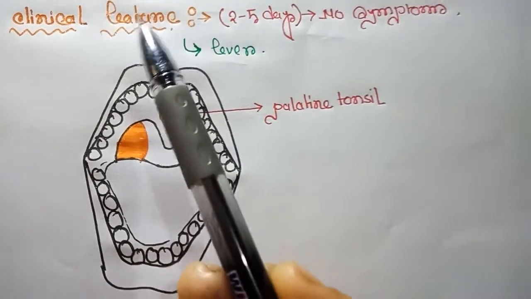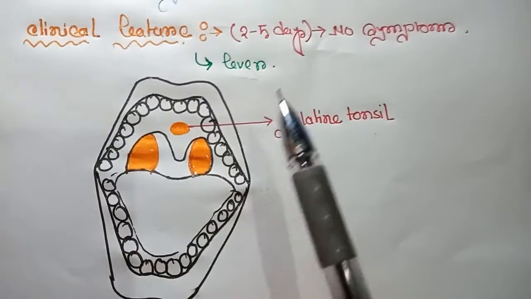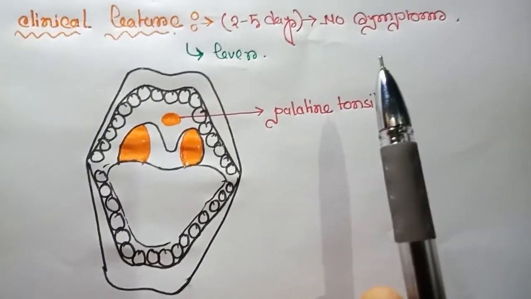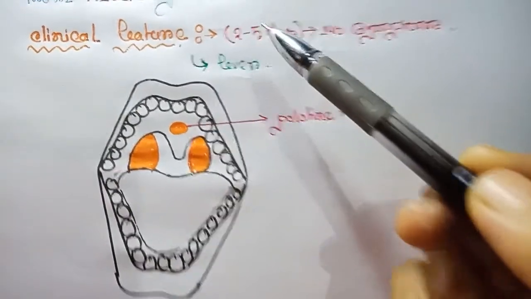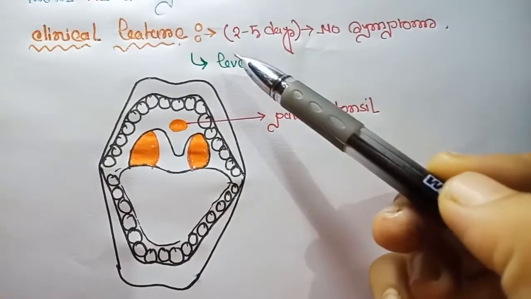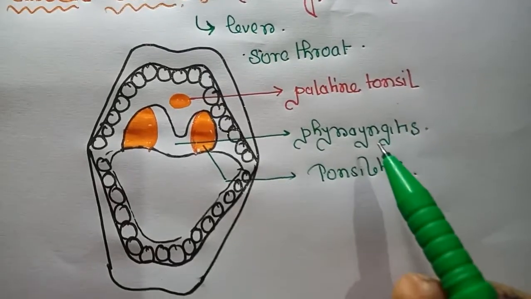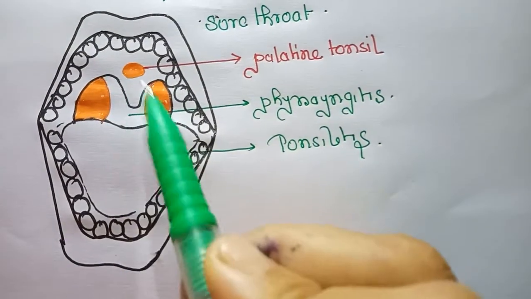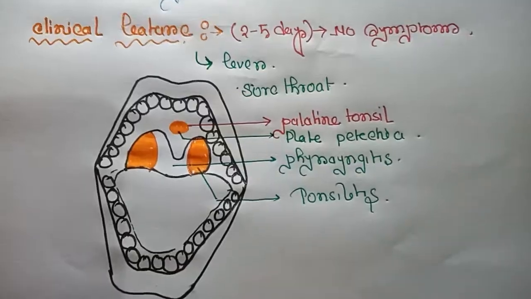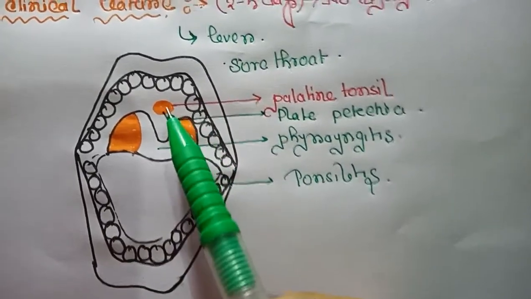Clinical features: the incubation period of strep throat is 2 to 5 days, with no symptoms. When the symptoms arise, bacterial tonsillitis presents with sudden onset fever, sore throat, pharyngitis and tonsillitis, which lead to enlarged tonsils and pain. There may be petechiae on the soft palate.